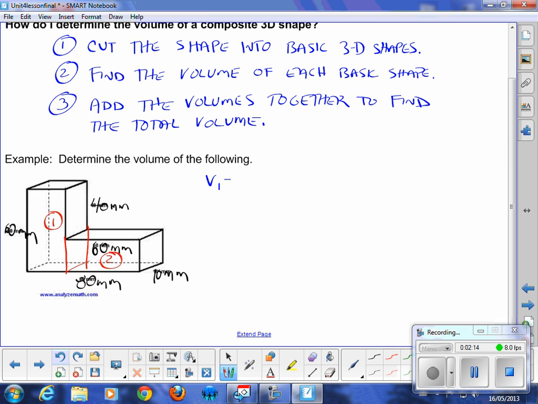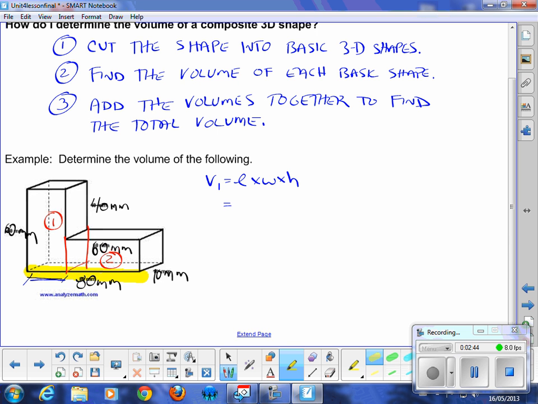So volume 1 is length times width times height. So when I'm looking at the object, what do I need to find? I need to find this length right here, and it's not given already. I know the whole bottom is 80. That's given information. So that length here is 80. I don't know that length there. So how are we going to find that out?